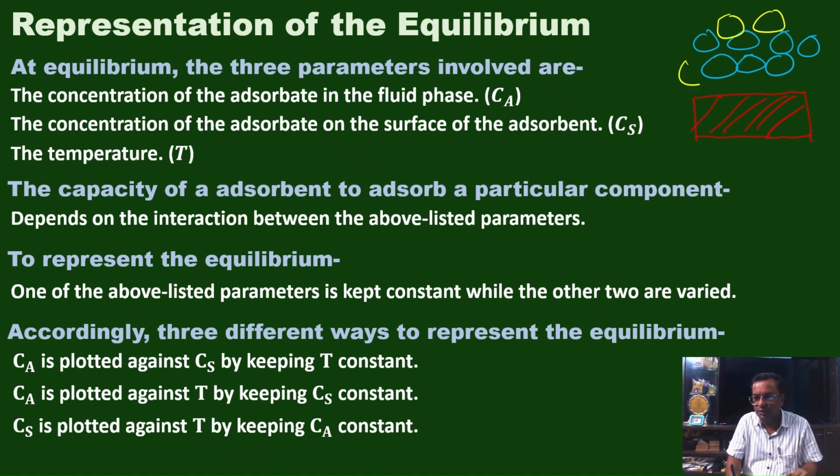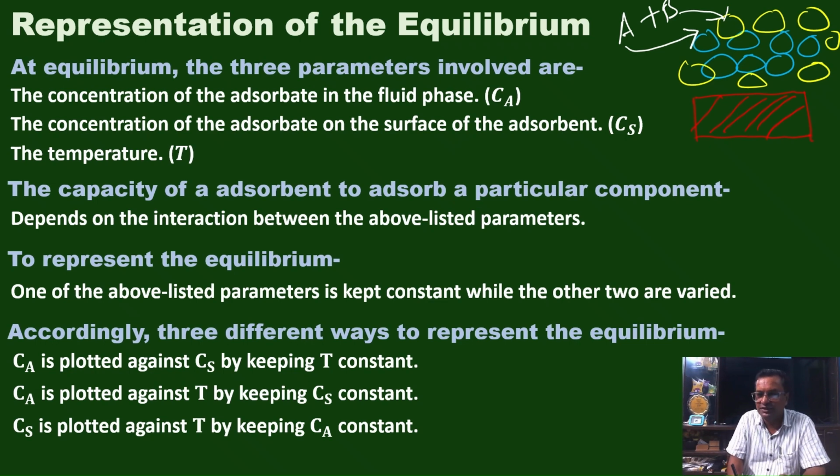This is a mixture of A plus B, where A is represented by blue color and molecules of B are represented by yellow color. So concentration of A when it is in the fluid phase, we are denoting as Ca.